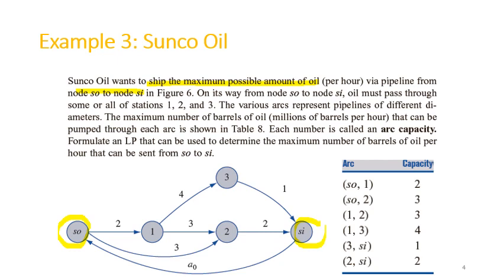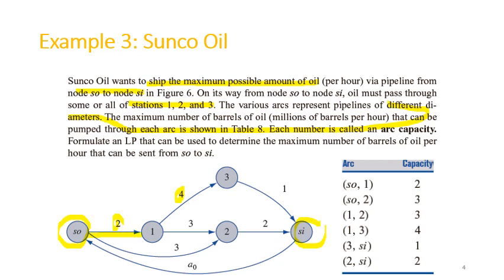However, we have some stations 1, 2, and 3 that we need to pass our oil through. And the pipes between 1, 2, 3, and the other nodes have different diameters. So the value here is the diameter of a pipe.